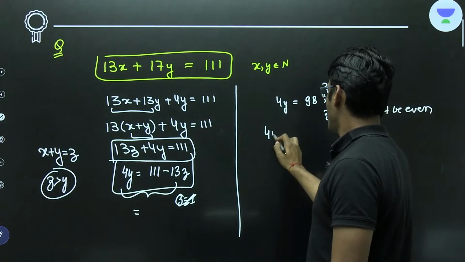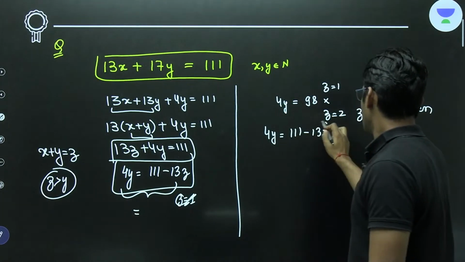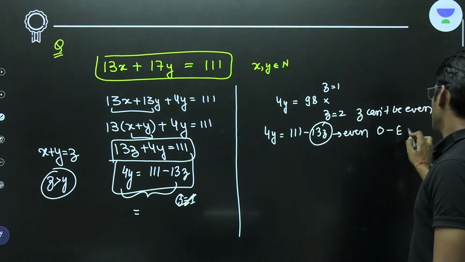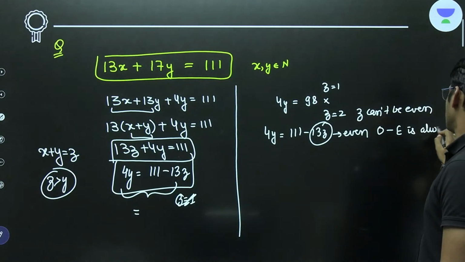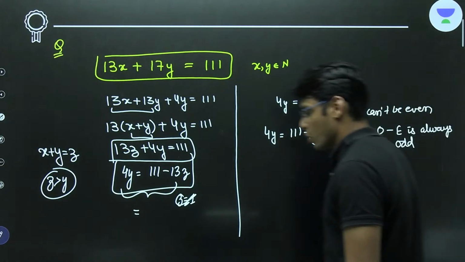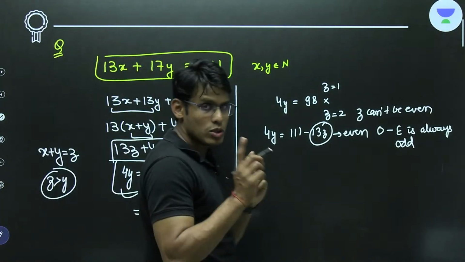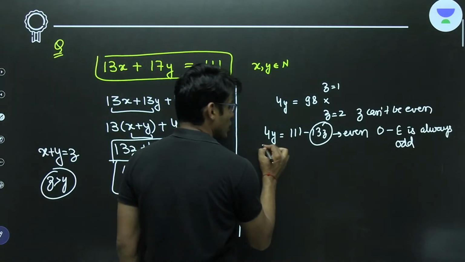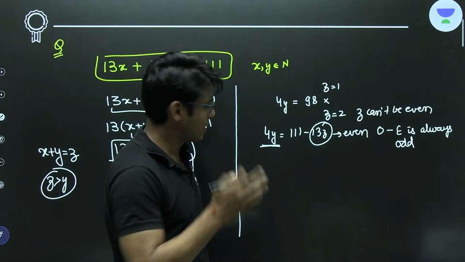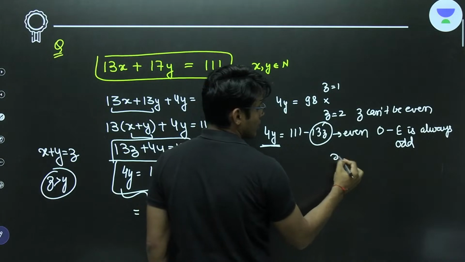Because you have 4y equals 111 minus 13z. This will become even, and odd minus even is always odd. You need to write these observations, otherwise you will not be able to absorb them. Odd minus even is always odd, and you have an even number here because 4 times a natural number is an even number. So let's forget z equals 2.